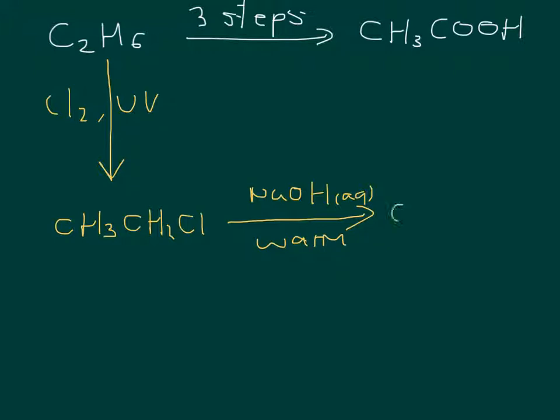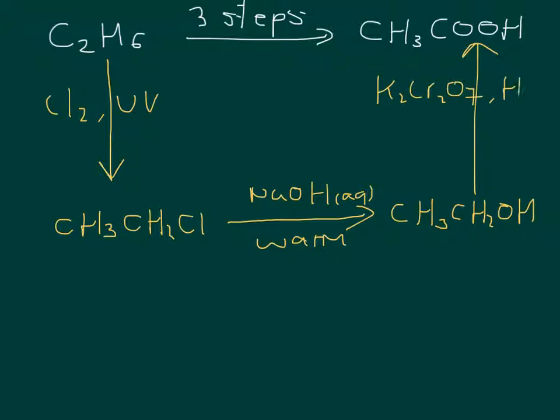And that would replace the chlorine with OH to give me ethanol. Well, hey, ethanol. And now I've got to go ethanol to ethanoic acid. Easy peasy, lemon squeezy. You know this one. We've done it umpteen times. Potassium dichromate, we need some acid, and we're going to reflux it as well. And I've got my ethanoic acid again.